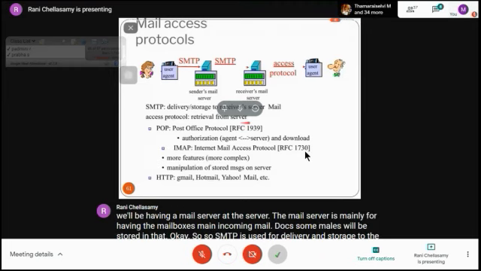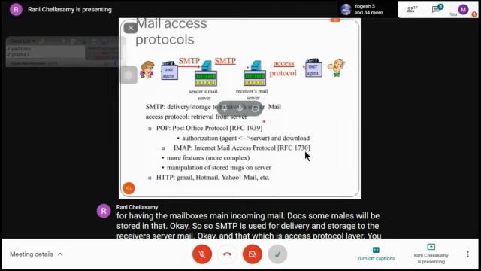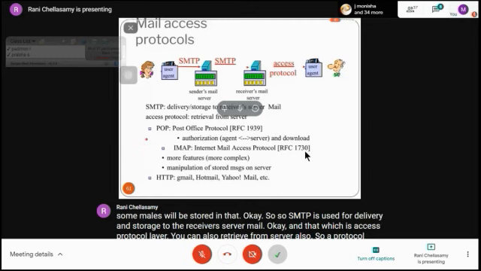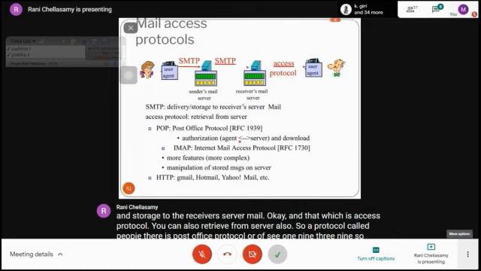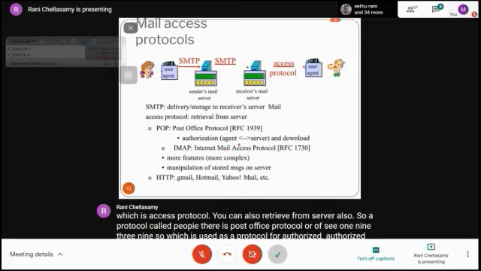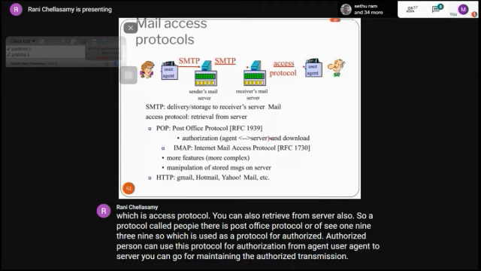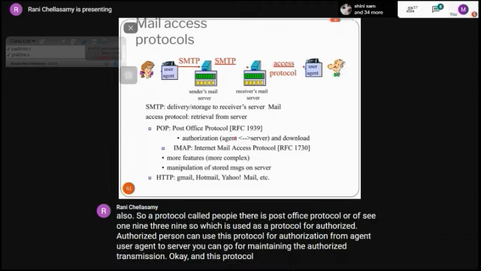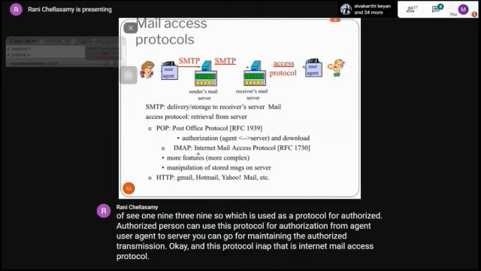One such protocol is POP, the Post Office Protocol, RFC 1939, which an authorized person can use for authorization from user agent to server, maintaining authorized transmission. Then there is IMAP, the Internet Mail Access Protocol, RFC 1730.